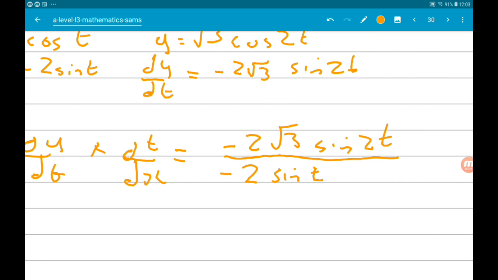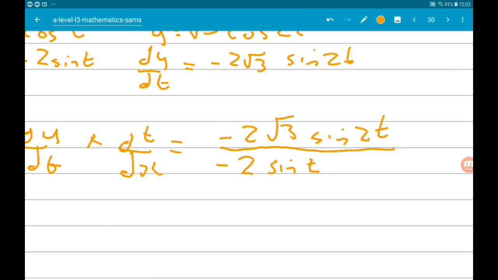Now the minus 2's cancel out, so we get root 3 sine of 2t over sine of t.